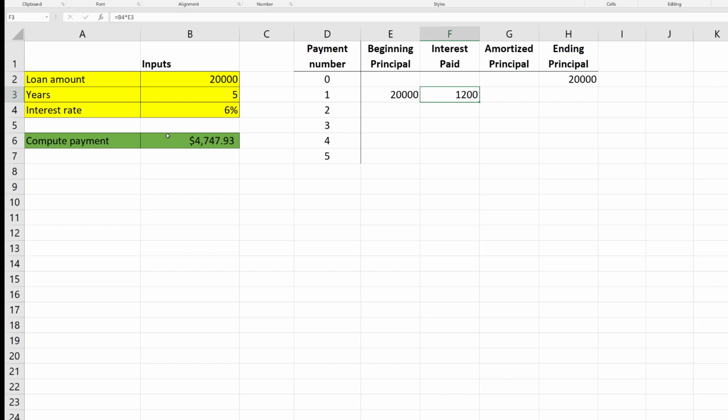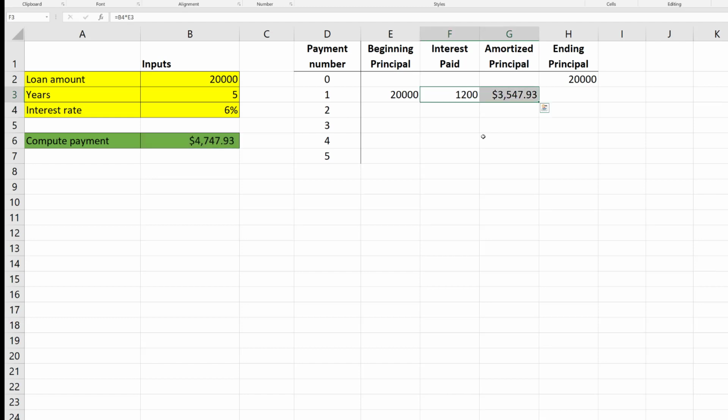Now, we know that all the payments are the same amount. That is this amount here. What that means is that everything that is not interest in this amount is going to be a reduction or an amortization of principal. So the amortized principal is going to equal the payment amount minus the interest paid.